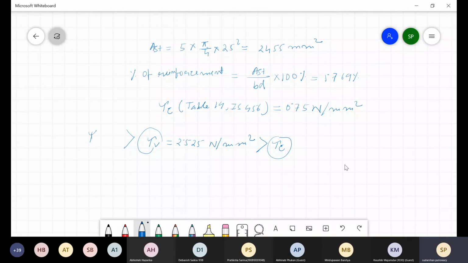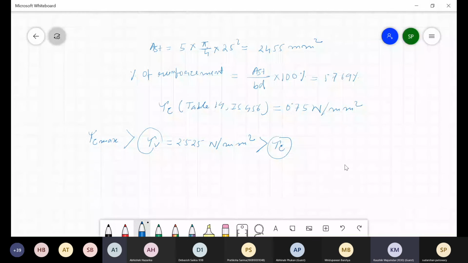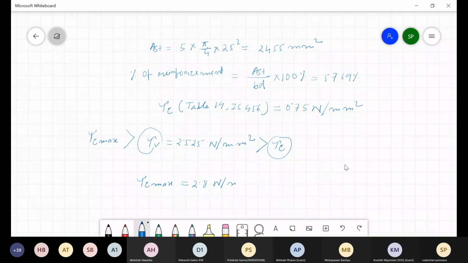For M20, the value of tau c max is 2.8, from Table 20. Tau v is less than tau c max, so no need to redesign. Just design this beam for shear failure. Clear?